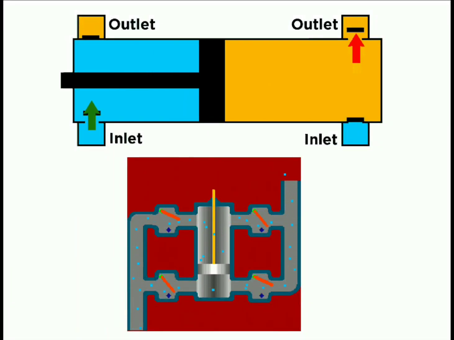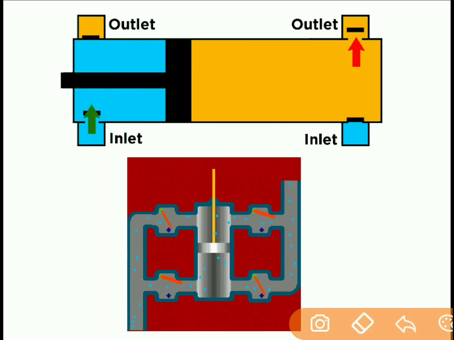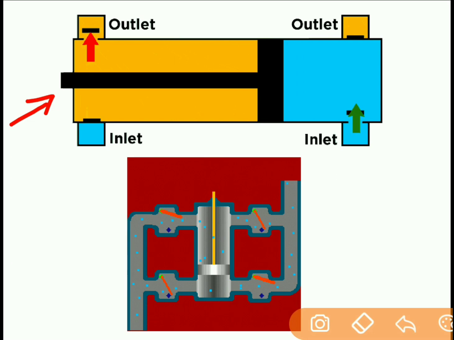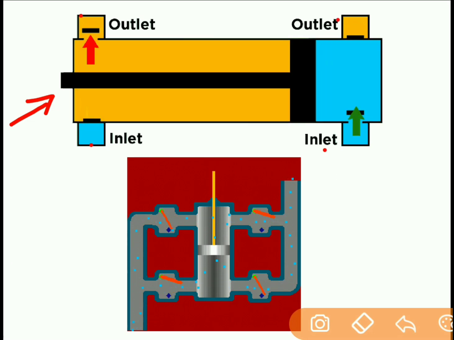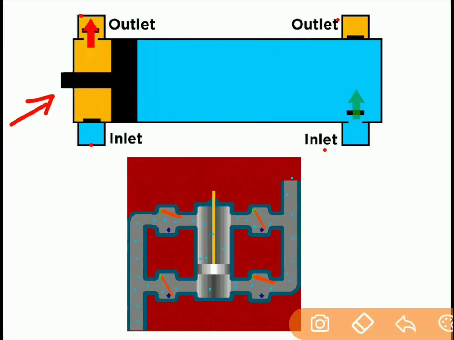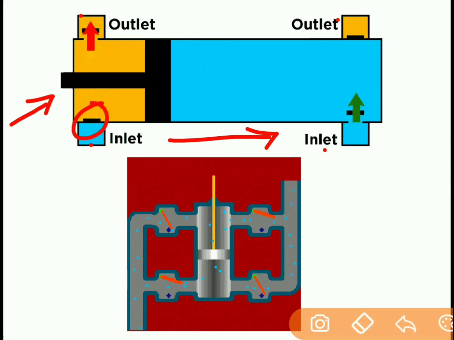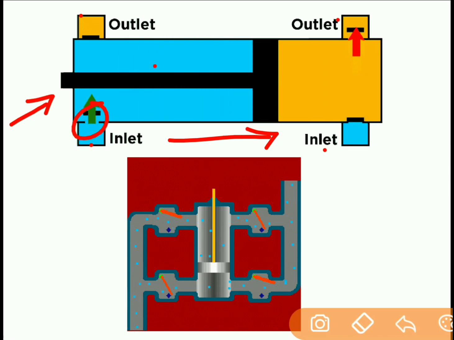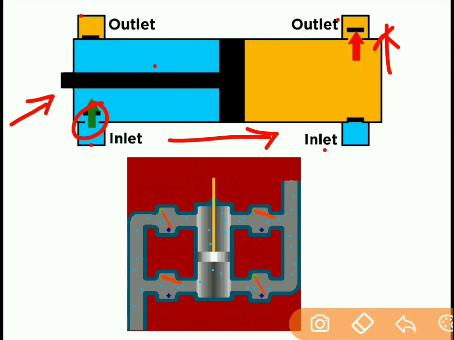Now over here you can see the animation of double acting reciprocating pump. It consists of a piston which reciprocates inside a cylinder, and there are total 4 valves, 2 inlet valves and 2 outlet valves. When the piston moves towards the right side, this inlet valve will get open and the liquid will enter inside the cylinder, and through this outlet pipe the discharge will take place.